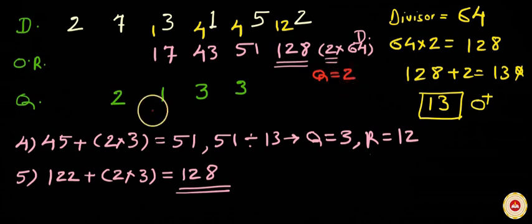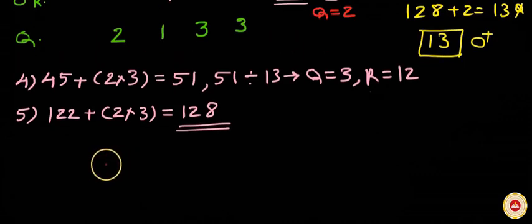Okay, so now friends, come here. 2133, 4 quotient digits. So let us write these 4 quotient digits here. Quotient is 2133.